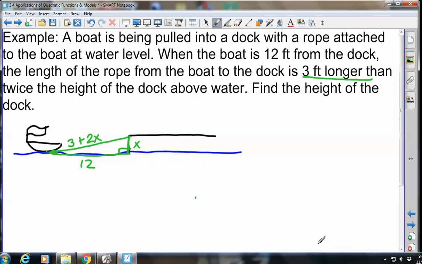Okay, so I have a right triangle. We could do Pythagorean theorem. Remember, C is the hypotenuse, so that's going to be this one. So it's a squared plus b squared equals c squared.